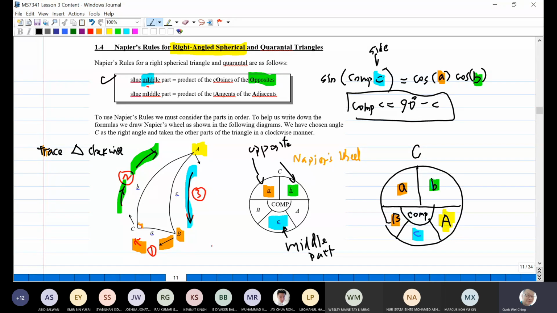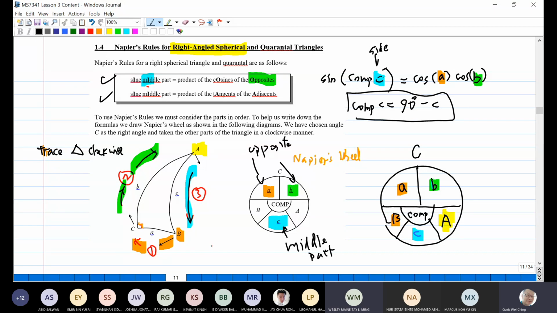So this is about the middle part and the opposite. There's another rule: sine of a middle part is the product of tangent of adjacent.